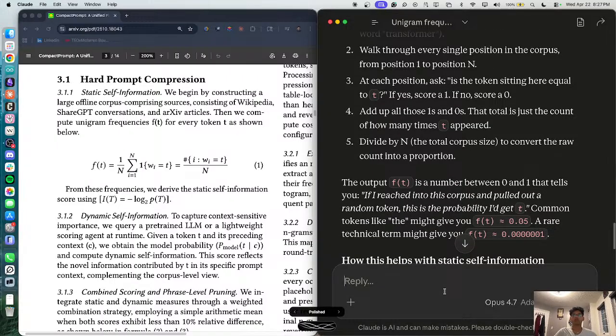So does it just convert it into a percentage of how much it occurs throughout the whole corpus text?